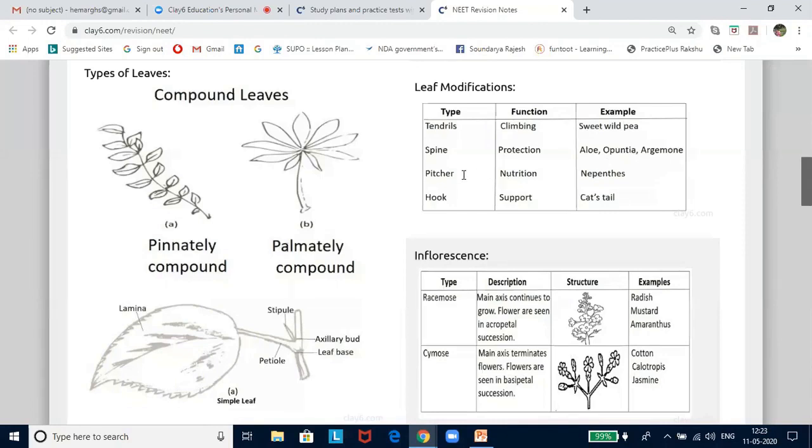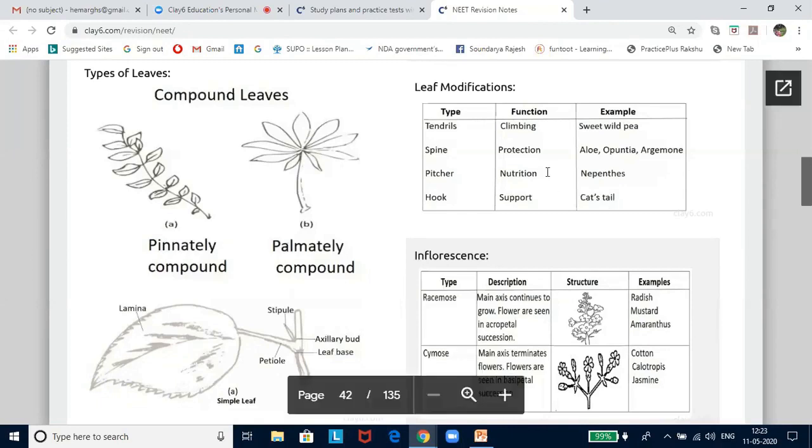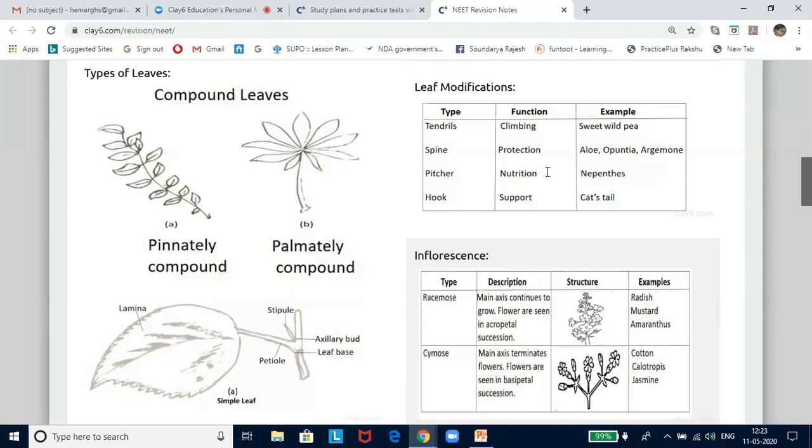Now, pitcher plant. You might be wondering in what way the pitcher plant is taking up the function of nutrition. You know that pitcher plant grows in soil which is deficient in nitrogen. Nitrogen is a very important element for all plants because of the physiological role this element plays in the life of a plant.